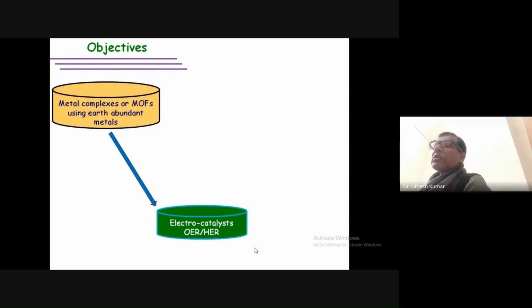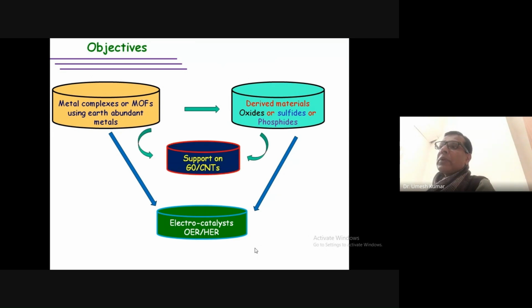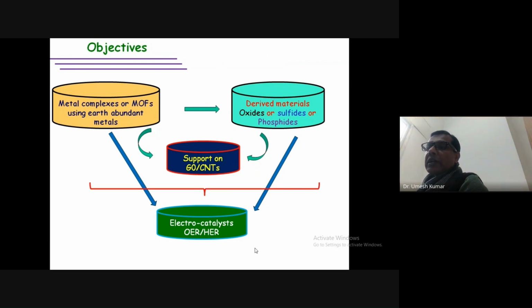Sometimes this is not up to the mark, so we generate derived materials from these complexes, like metal oxides, metal sulfides, metal phosphides, and use them as electrocatalysts. Even then, if they have not worked, people add supporting materials like graphene oxide and carbon nanotubes, and then use them as catalysts for different types of reactions.